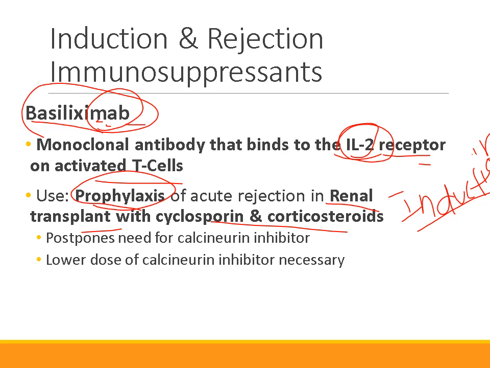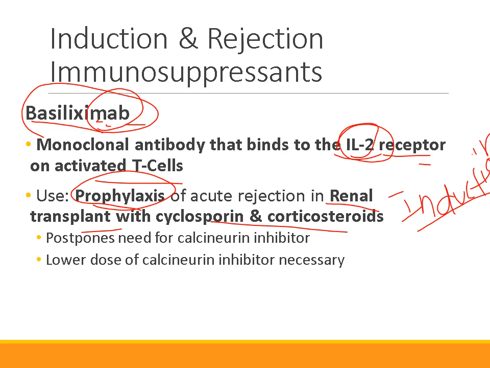To divide to build up this army of T cells. So if you block the interleukin-2 receptor, if you block the CD25, then the T cell is not told to divide. You never have that proliferation of T cells. So you prevent the ability to elicit this T cell response. Hence, the fact it's preventing rejection.